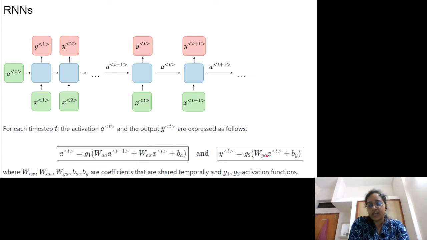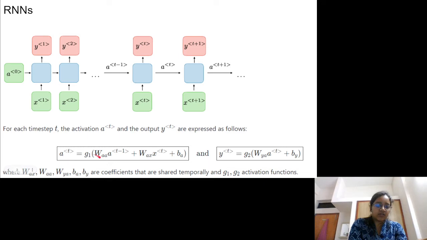So WYA times a of t plus by, the bias, and you pass it through some activation function g2, and that becomes your yt. So basically you are projecting from this space to the y space, and that gives you the output for the t-th location in the sequence. That is the functionality of an RNN.